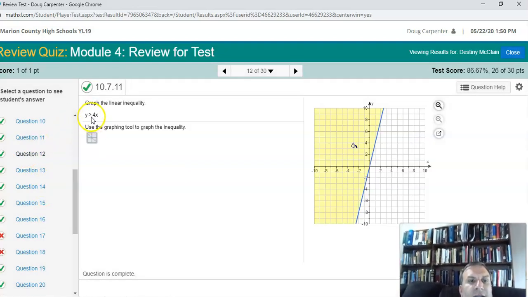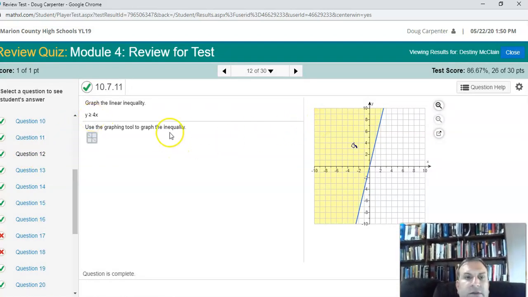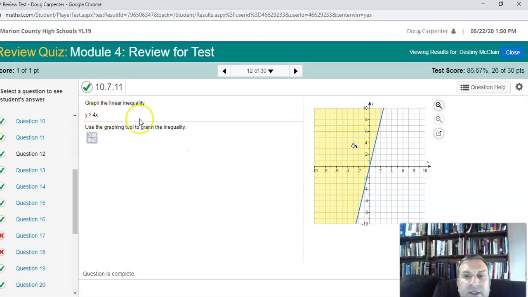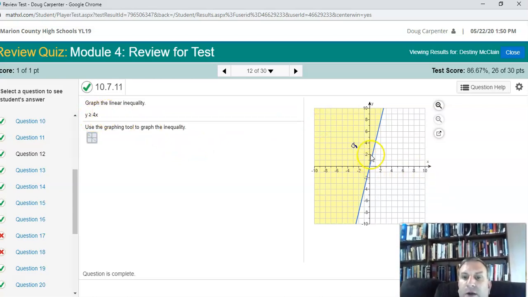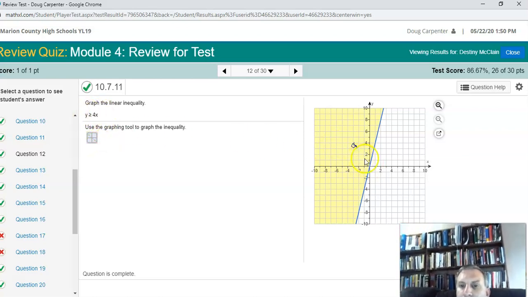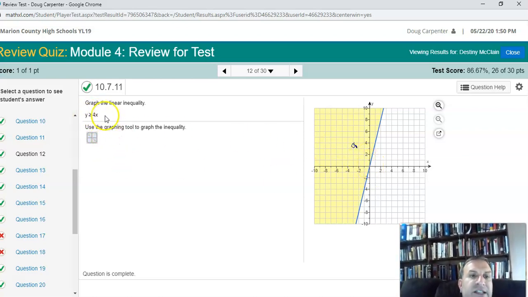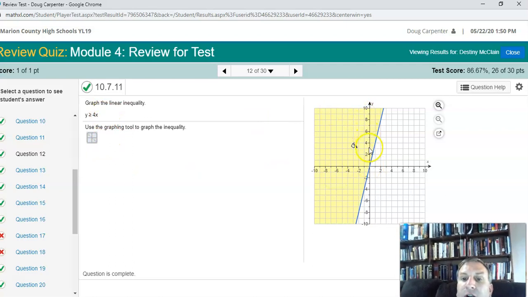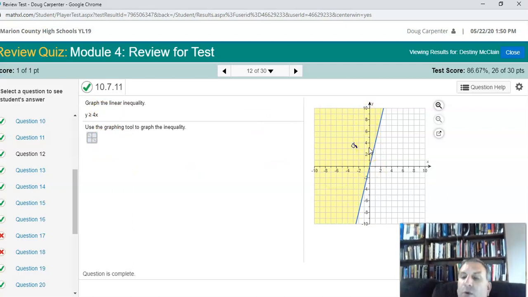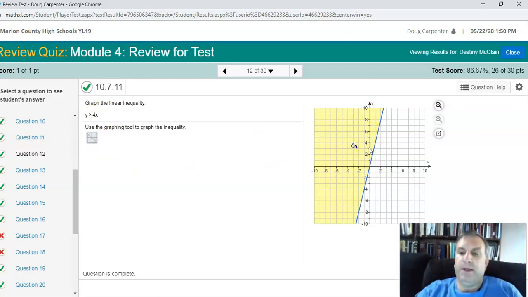Y is greater than or equal to 4x. Now, what is my y-intercept? 0. What's my slope? Up 4 over 1. So I start at 0. I don't have a y-intercept, so I automatically know it's there. You always start at the y-intercept.